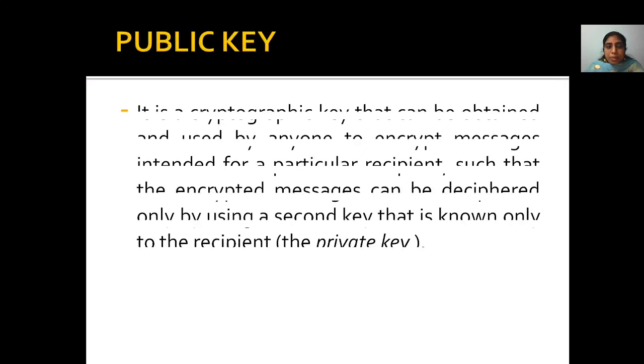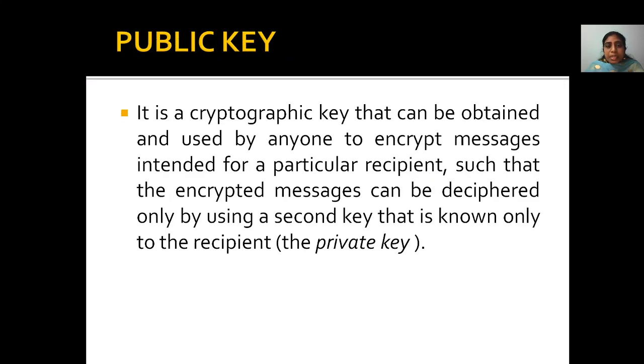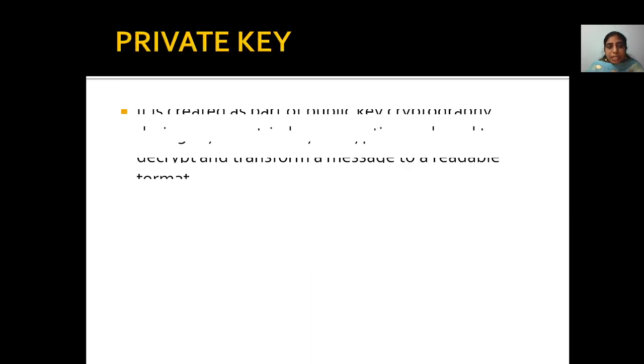Then coming to the public key, what is meant by a public key? It is a cryptographic key that can be obtained and used by anyone to encrypt a message intended for a particular recipient, such that the encrypted message can be deciphered only by using the second key, that is, only by the recipient, the private key. Then what is meant by a private key?